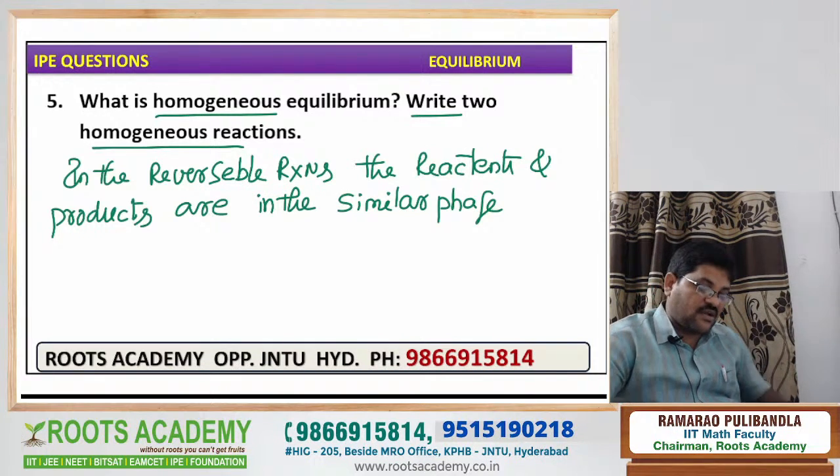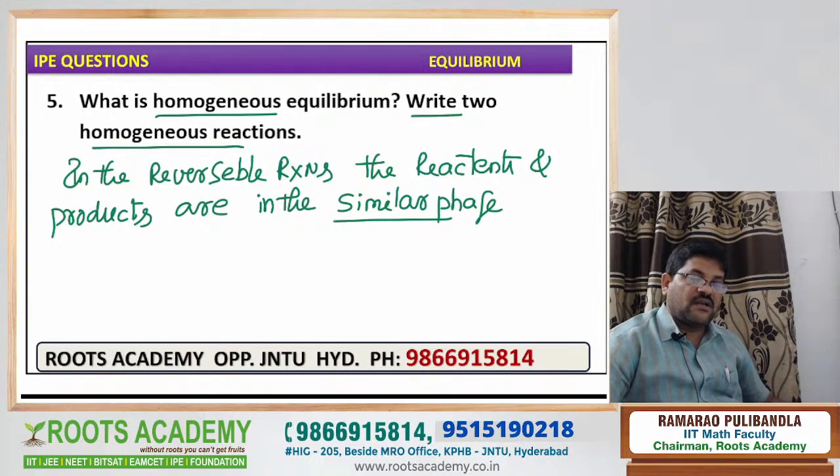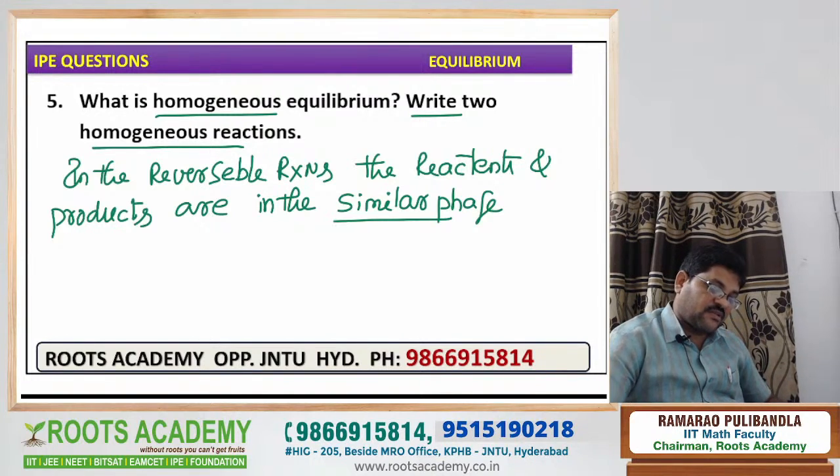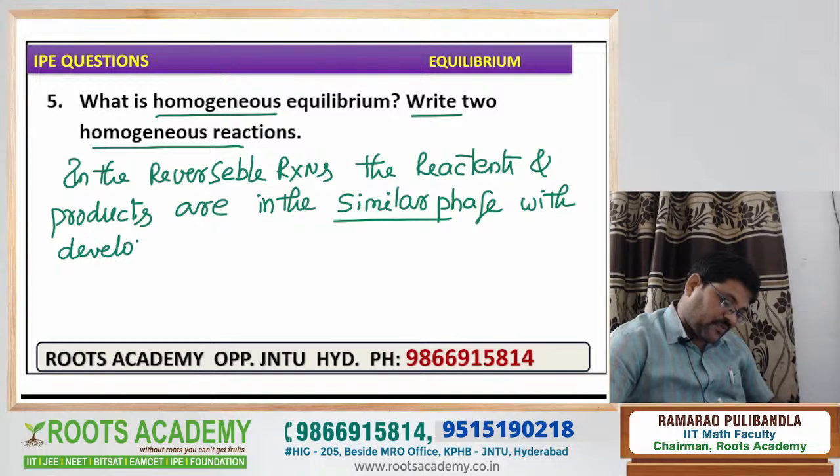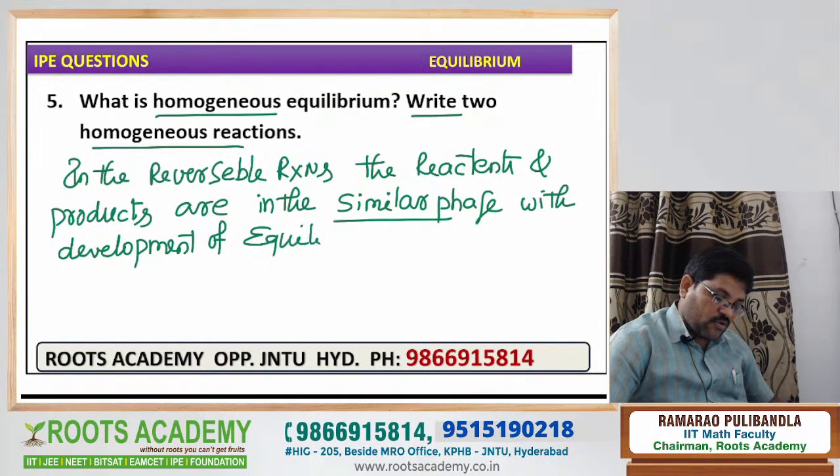That is the meaning of the similar phase. In a reversible reaction, when the reactants and products are in the similar phase with development of equilibrium, that is the meaning of homogeneous equilibrium.